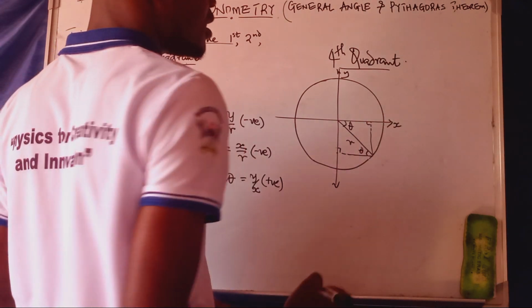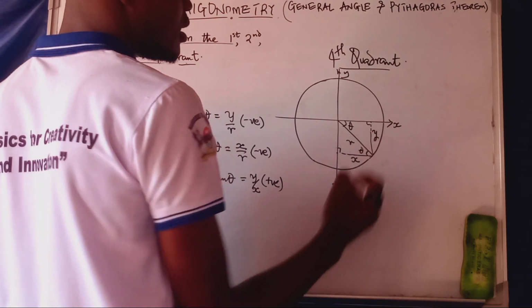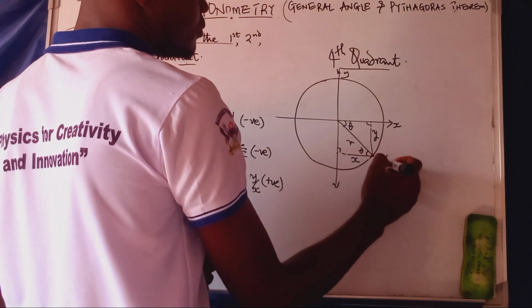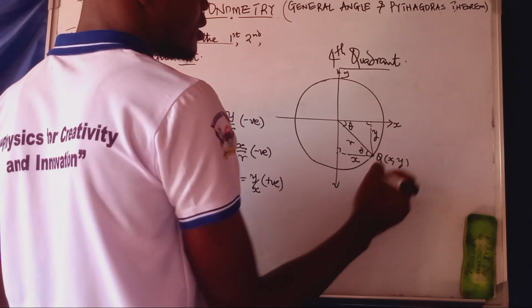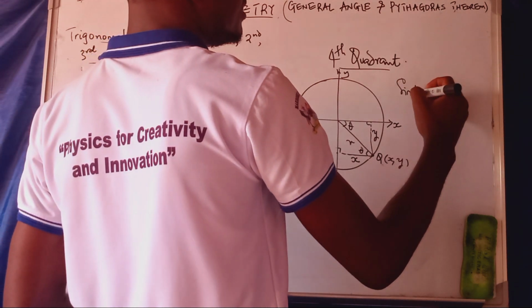So this is x and this is y, and this is the point x, y. So in the fourth quadrant, what happens to sine theta?